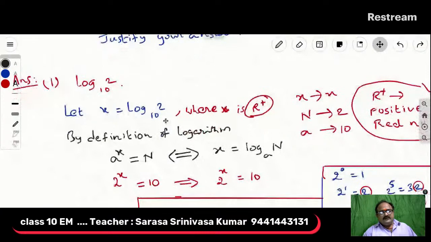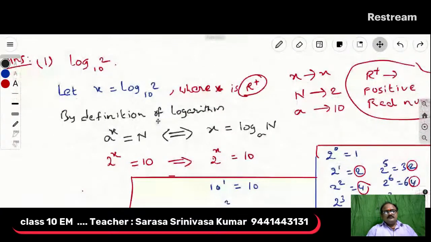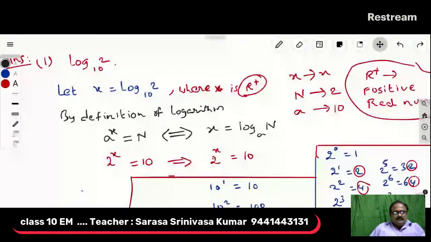Log 2 base 10. Suppose that for any real number x, log 2 base 10 is taken as x.